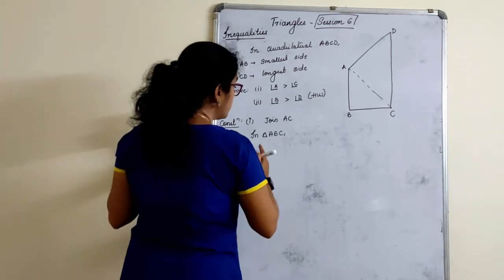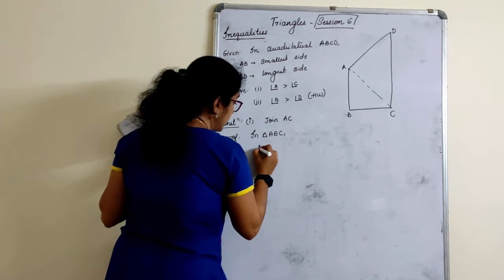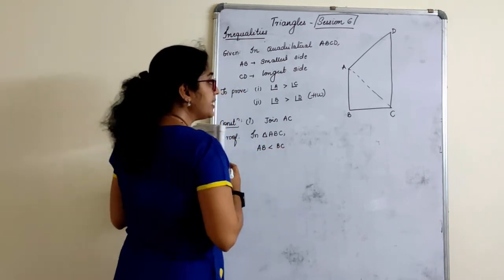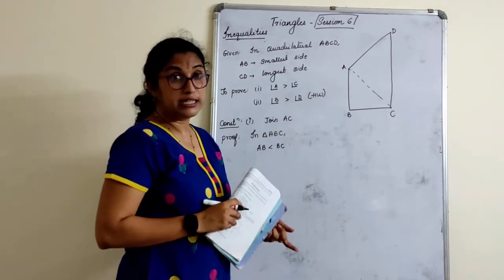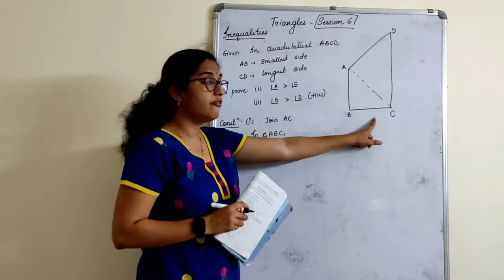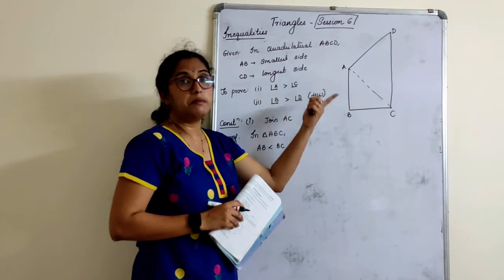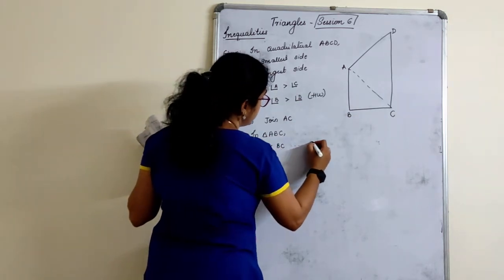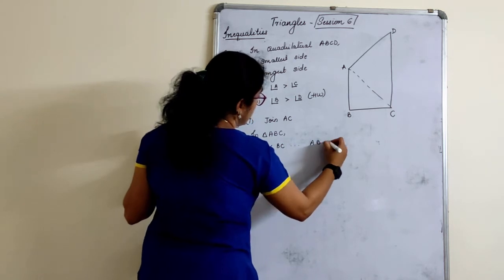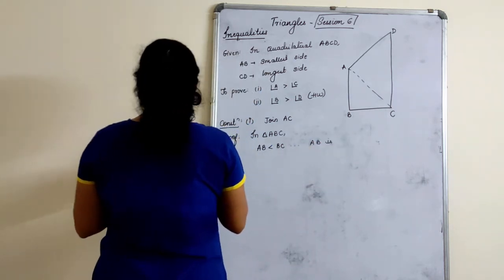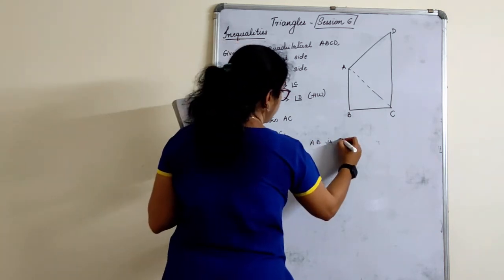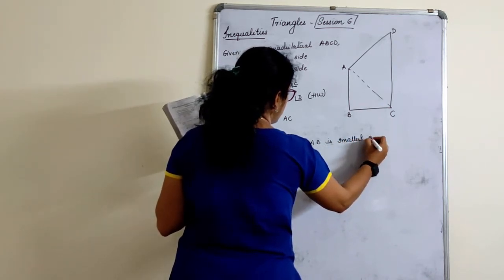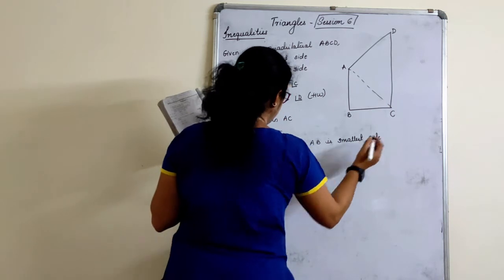Okay. So if I consider a triangle ABC, can I say AB is lesser than BC? Why? Because AB is the smallest side, and of course, compared to BC, AB will be smallest only, right? Because they have given the reason: AB is the smallest side.